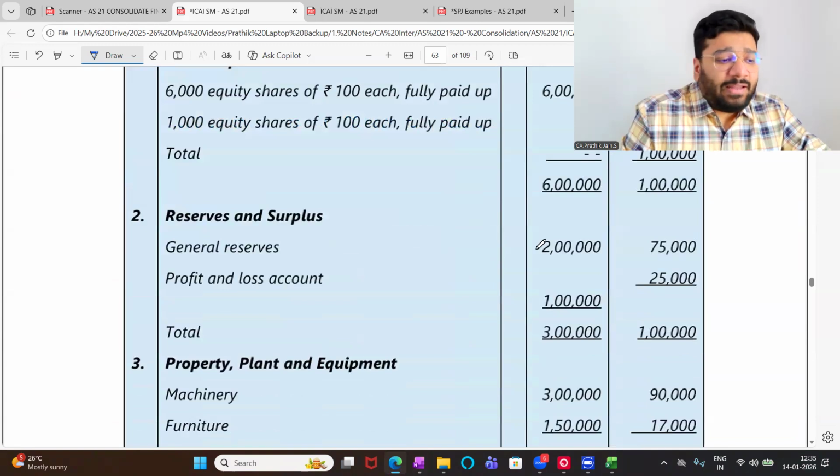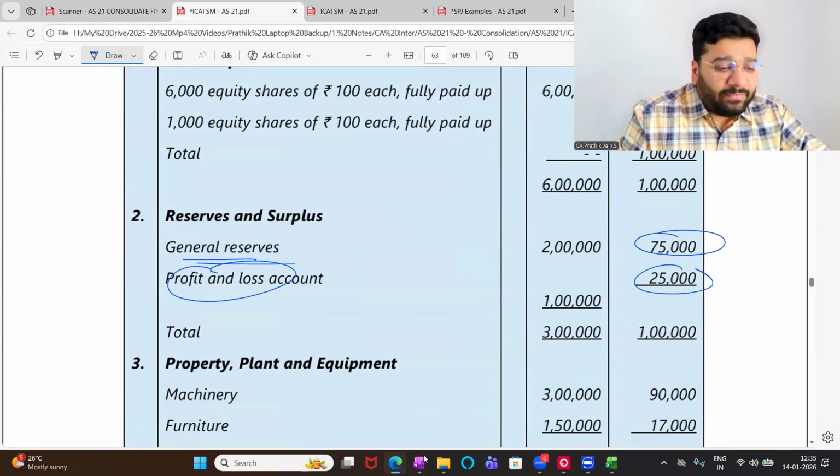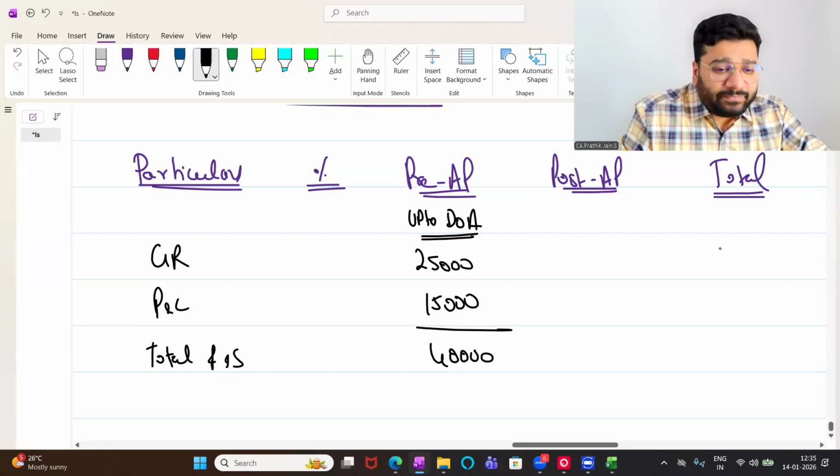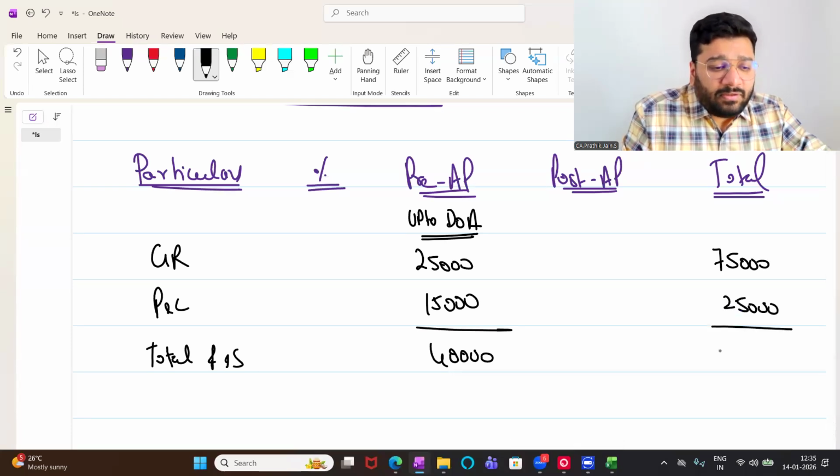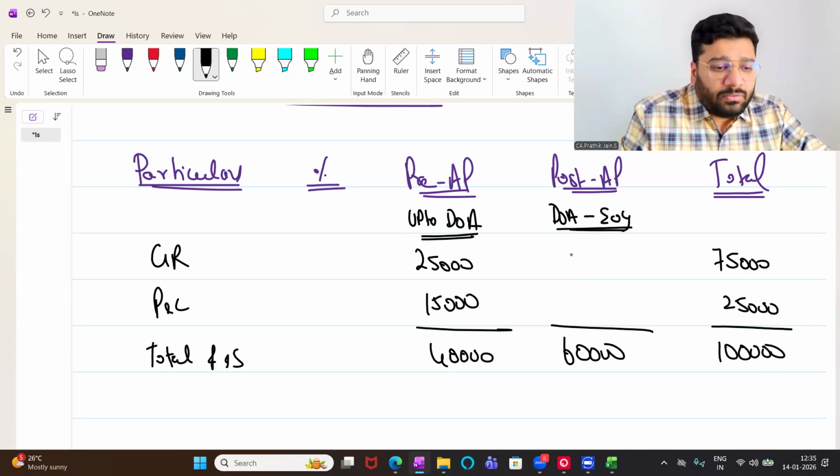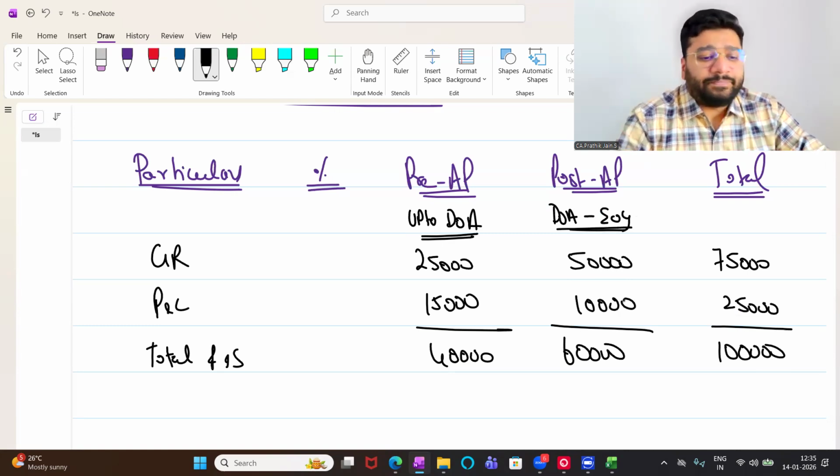In note 2, they're telling general reserve total is 75 and P&L total is 25,000. Cumulative, 75 plus 25, total is 1 lakh. In between, the difference is how much? From date of acquisition up to end of year, 50,000. Super. That's all.